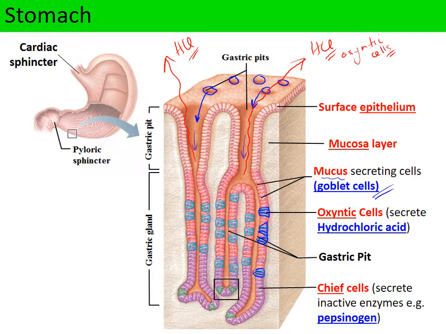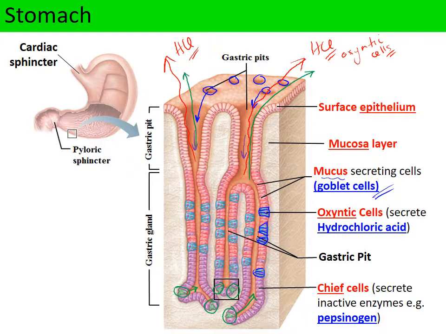So cells towards the bottom of the gastric gland are called chief cells. We can see at the very bottom we've got lots of chief cells as part of the epithelium. They're specialized epithelial cells, and they release pepsinogen into the gastric pit. So the pepsinogen comes up this way into the stomach.